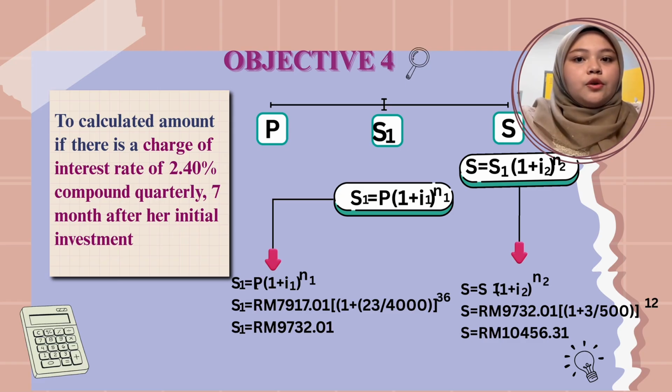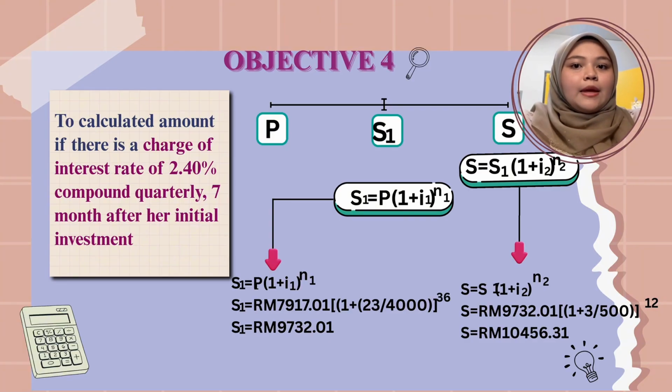So we substitute the values, S1 equals 7,917 ringgit and 1 cent times 1 plus 23 over 4,000 raised to the power of 36. After calculating, the accumulated value becomes 9,732 ringgit and 1 cent.